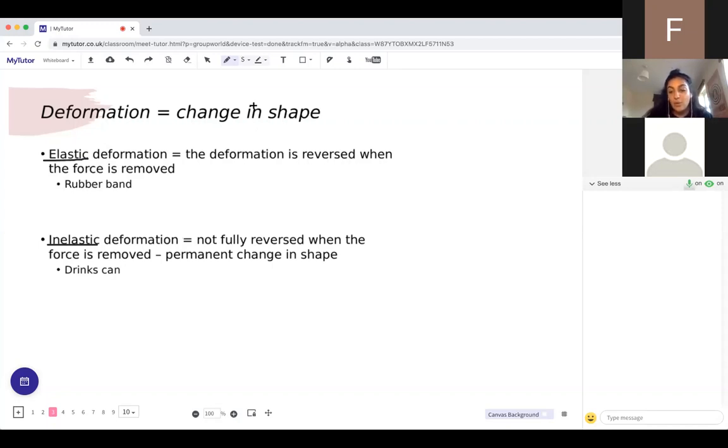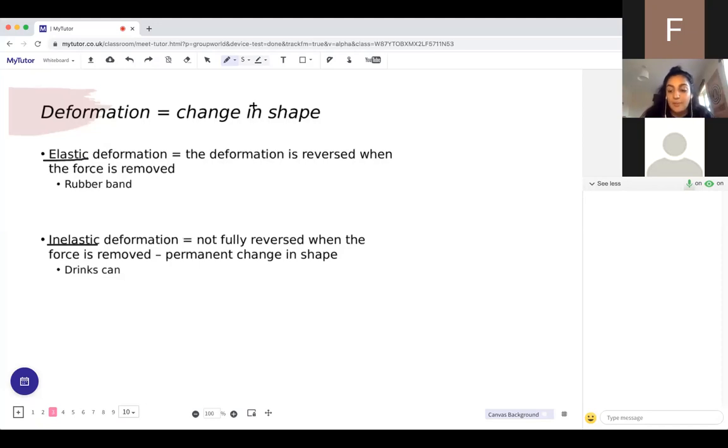For example, when we crush a drinks can, we deform it, we change its shape. But if we tried to get it back into its original can form, it would never go back to the same shape. You squish the drinks can, you deform it, and then you try to reverse the deformation, but you can't.